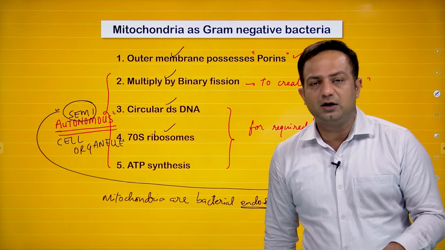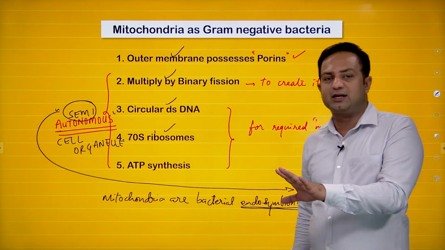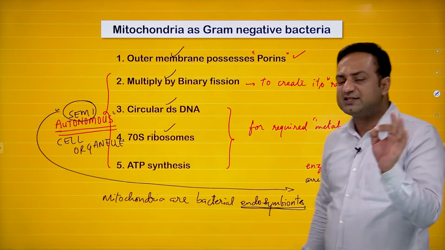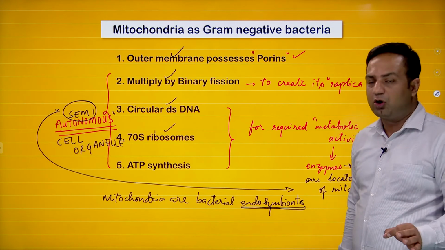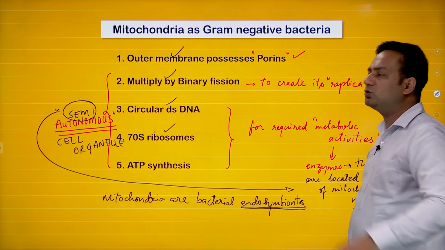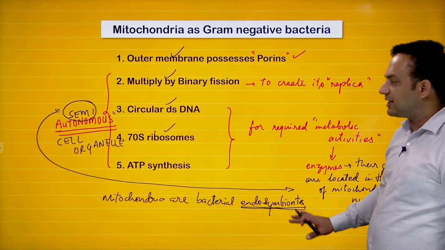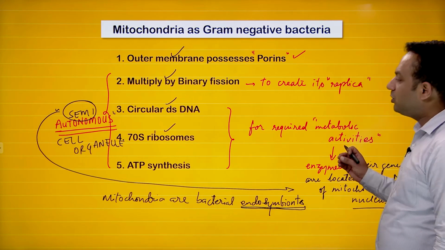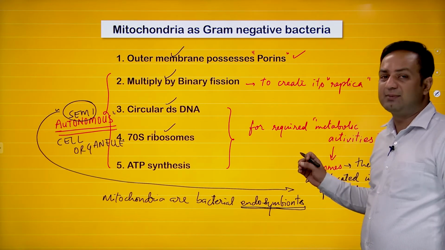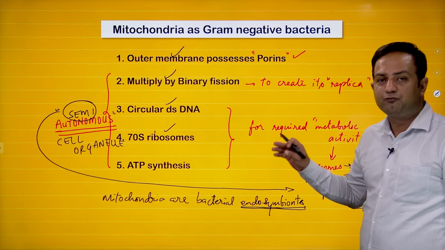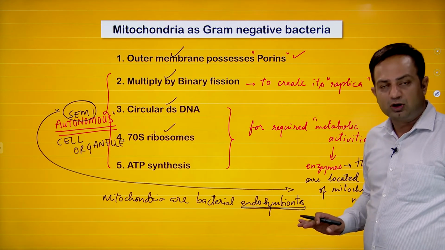Although you can consider mitochondria as a prokaryotic cell, but not independent, the symbiotic type. Mitochondria are bacterial endosymbionts. Mitochondria are not autonomous, they are semi-autonomous. They are not fully independent of the eukaryotic cell.